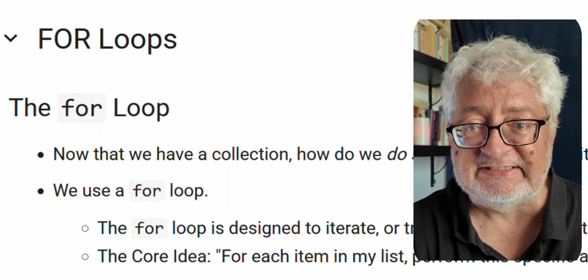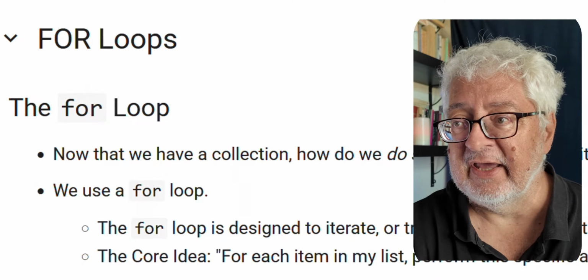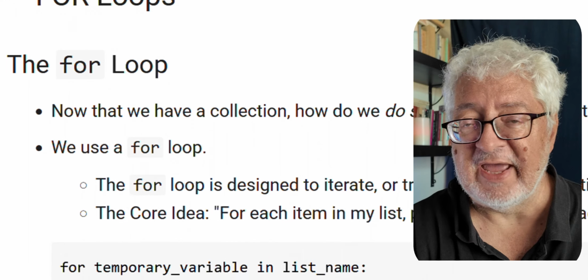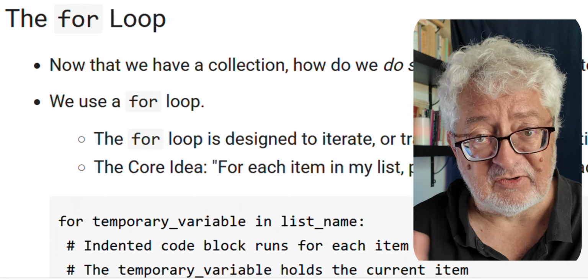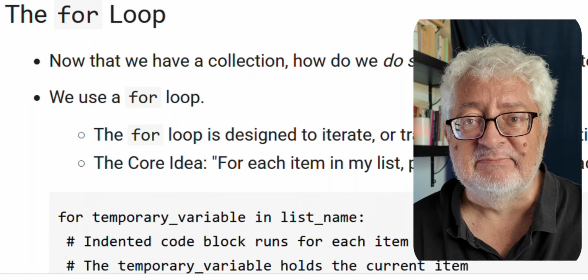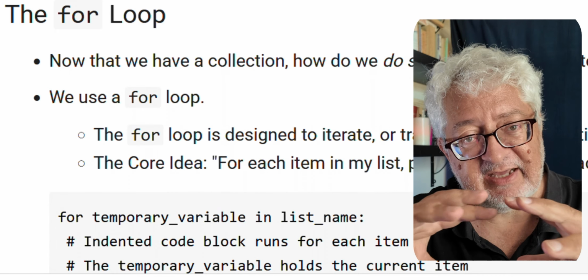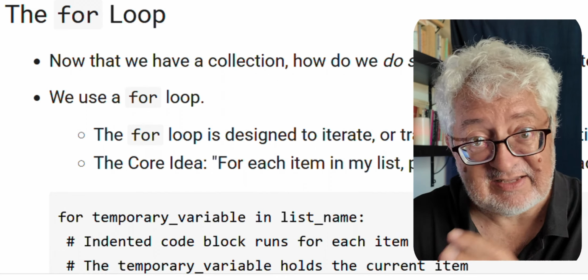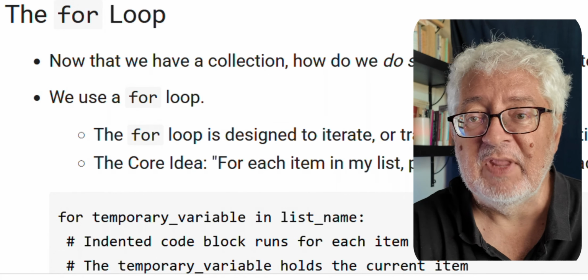So the for loop is designed to iterate or travel through a collection from beginning to end. A collection is a general term that includes lists. There are other kinds of collections, dictionaries, for example, but a collection is generally a kind of data type that contains multiple items.